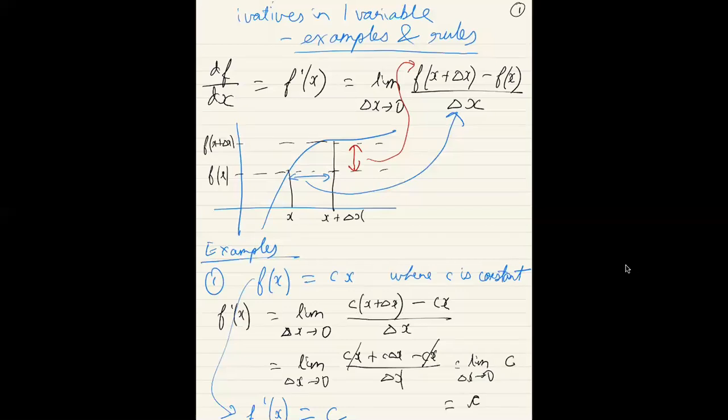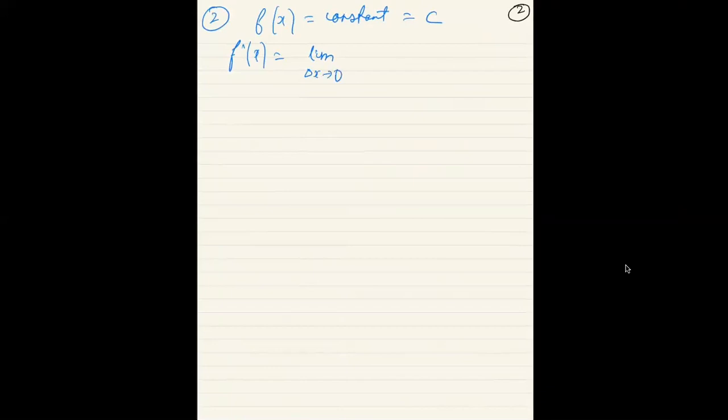Let's look at an even simpler example. Let's look at the case where f of x is not c multiplied by x, but f of x is a constant, equal to c. In this case, it's easy to show that f prime of x will be the limit as delta x tends to 0 of c minus c divided by delta x.